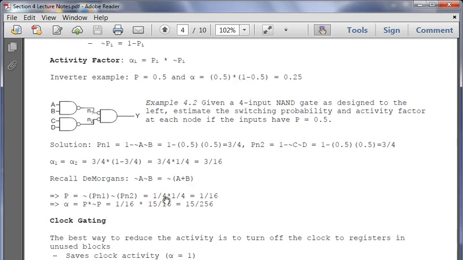That's where this 1/4 comes from. And 1 minus 3/4 is 1/4 again. Sorry, this is killing me. And that 1/4 times 1/4 becomes 1/16. So then our activity factor becomes 1/16 times 15/16, because using our equation we have 1 over 16 times 1 minus 1 over 16. So it becomes 1 over 16 times 15 over 16, and then it becomes 15 over 256.